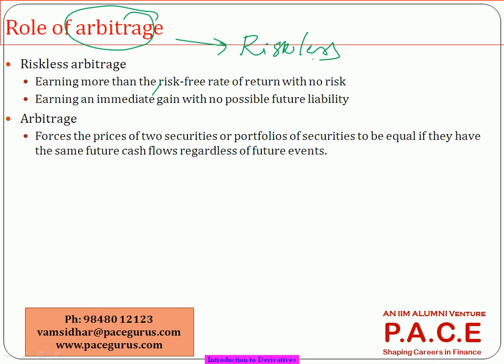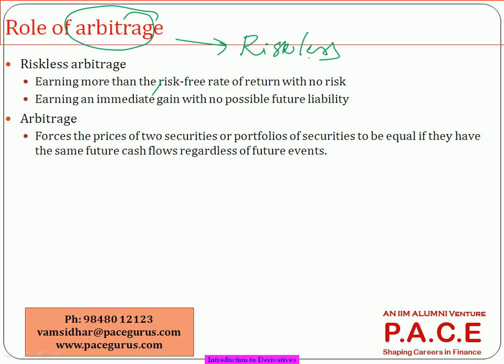So those are the various things where we are talking of arbitragers playing a very important role, because see, it's the same asset. Today it is 1000, after 1 month we are talking of 1100. If I wait for 1 month, I am getting 100 rupees or 10% profit, 1000 becoming 1100, both are sure shot. If I go to the spot market immediately and buy it, I have to pay 1000.